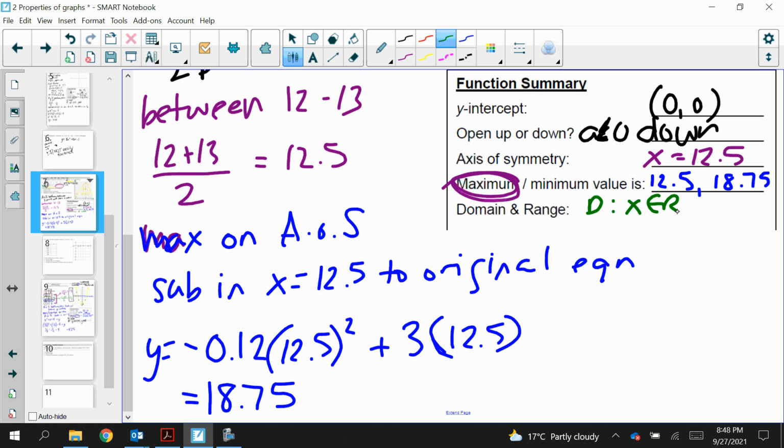Then we'll start to have some restrictions. So our domain is x is an element of the real number system. Our range is y needs to be less than or equal to our value from our vertex, so less than or equal to 18.75, y is an element of the real number system.